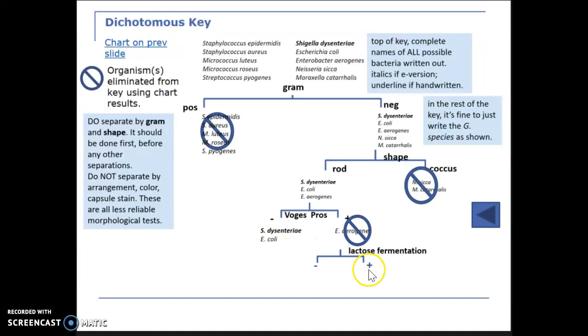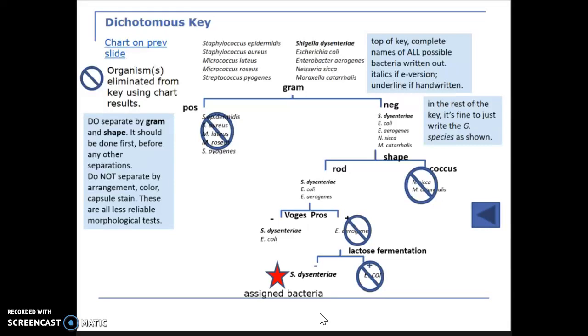And a negative and a positive side. E. coli is positive. Shigella is negative. And I cross out the side I don't have. And there I have it. I usually put some indication next to the one that I have, so it's nice and clear that's my final identification. Well, maybe not so final.